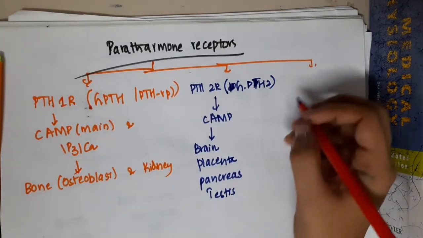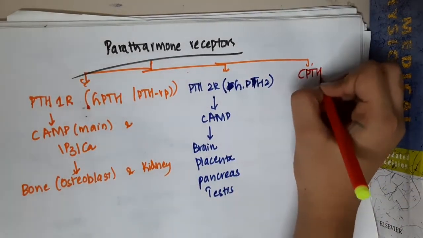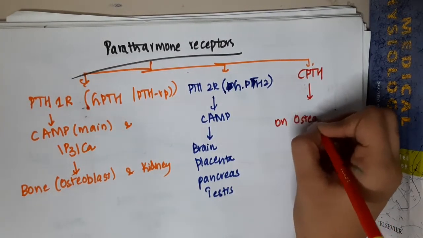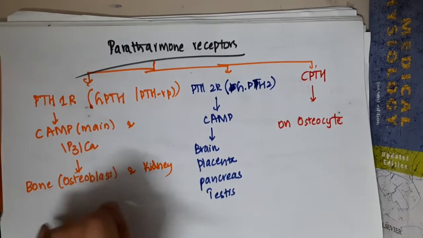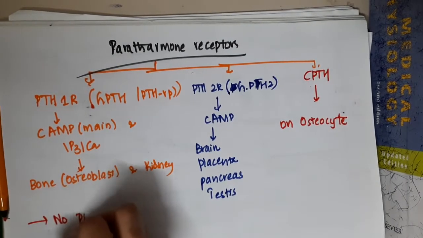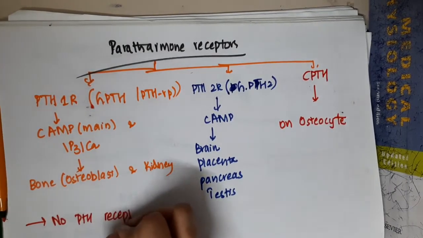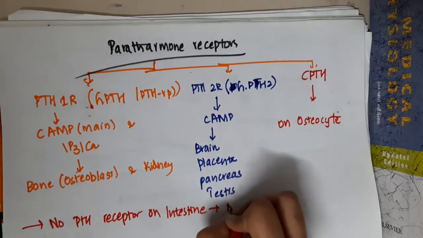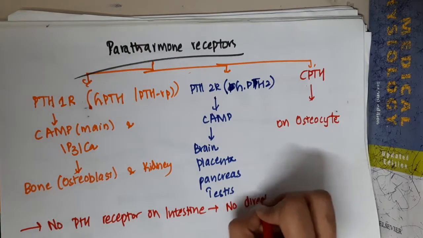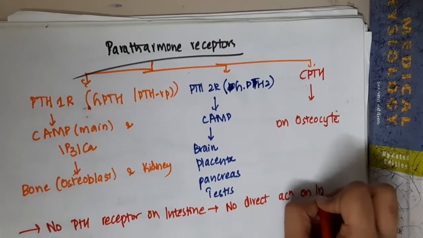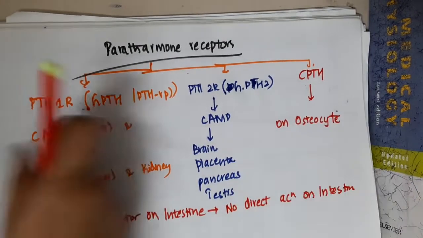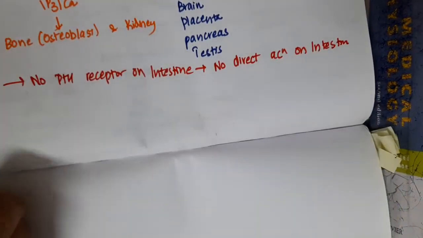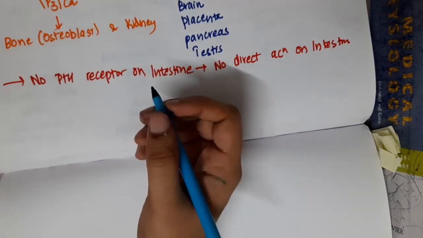Okay, then we have the third type, which is CPTH, mainly present on osteocytes. Overall, there are no parathormone receptors on intestine. Why? Because in the intestine there is no direct action; on intestine there is indirect action. Okay, next important thing.